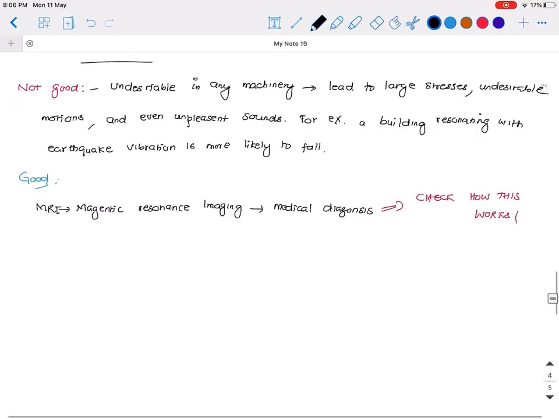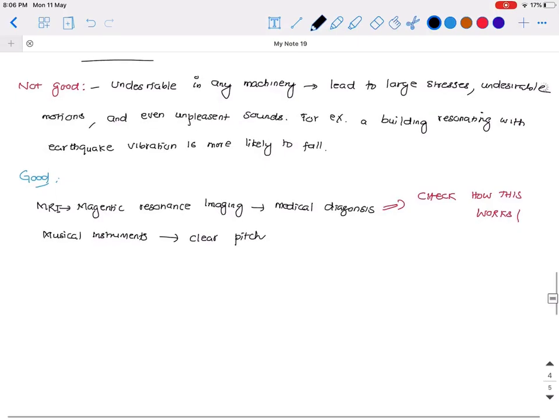And musical instruments use the concept of resonance to make clear pitch sounds. And also in microsensors, in order to amplify signals, resonance is used quite often.